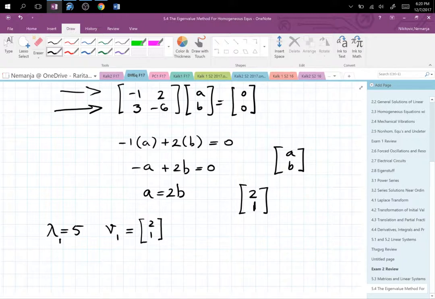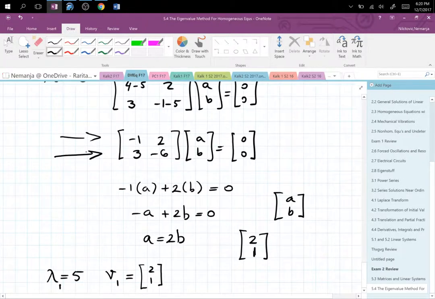I was going to ask you one more. Where did I get this equation? When I multiplied the first row, because both of the rows will give you the same thing, we can only consider the top row.